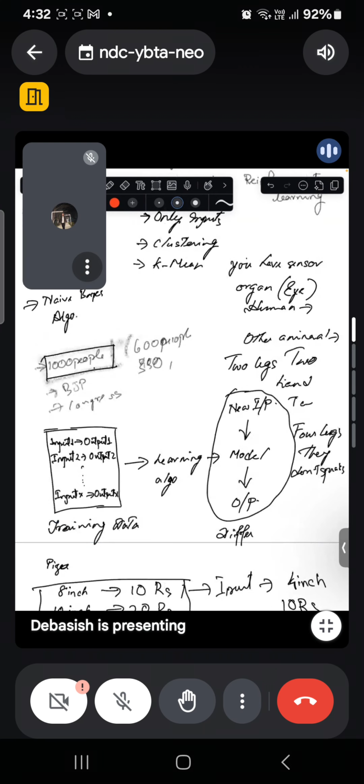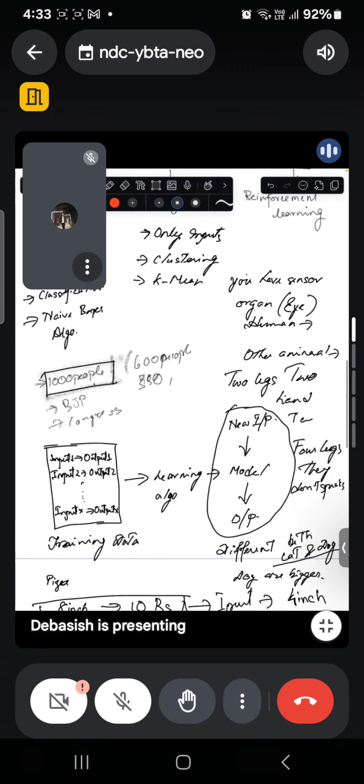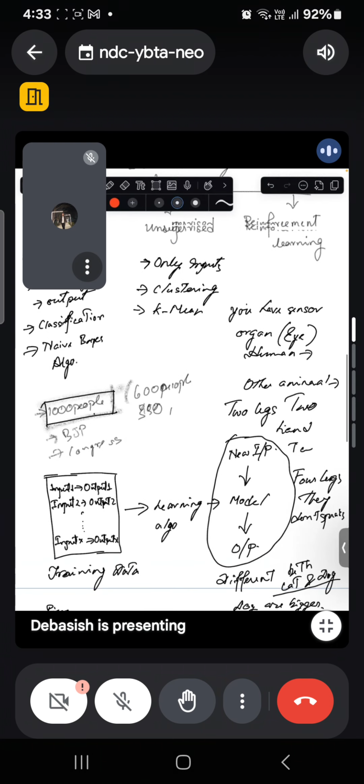If I train an algorithm to differentiate between cat and dog, some features will be different between dog and cat. In size, dogs are bigger than cats, and there are features like this. That is basically an example of unsupervised learning.